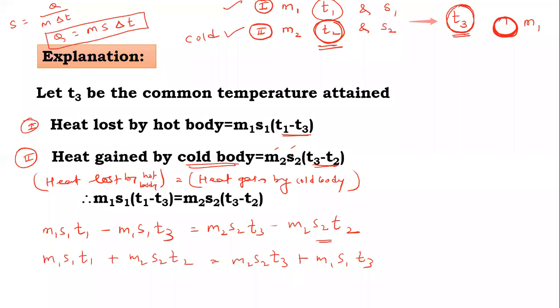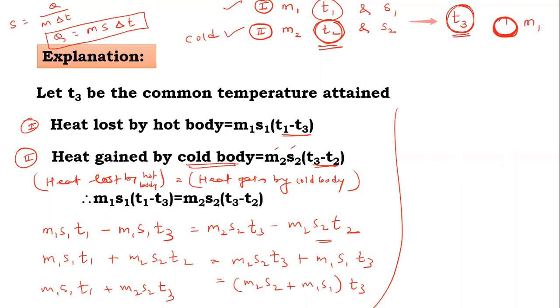Now we take T3 common, so (M2 S2 plus M1 S1) into T3, equal to M1 S1 T1 plus M2 S2 T2. So the common temperature T3 is equal to M1 S1 T1 plus M2 S2 T2, divided by M2 S2 plus M1 S1.